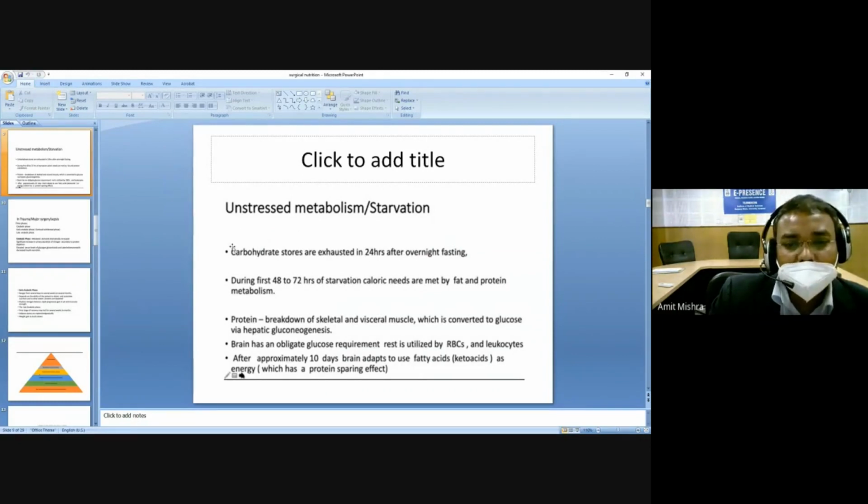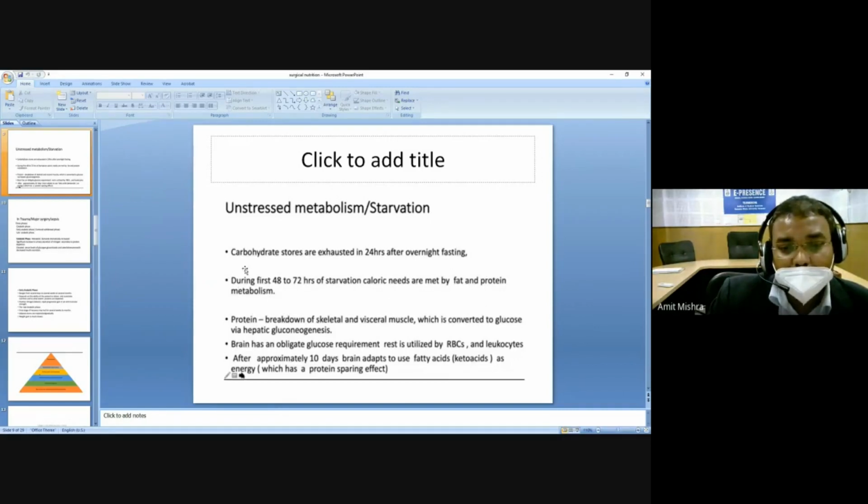The carbohydrate stores during unstressed metabolism or starvation are exhausted in 24 hours after overnight fasting. So if the patient remains in the fasting state for 24 hours, the carbohydrate stores are completely exhausted. After that, during 48 to 72 hours of starvation, the caloric needs are met by metabolism of fat and protein.